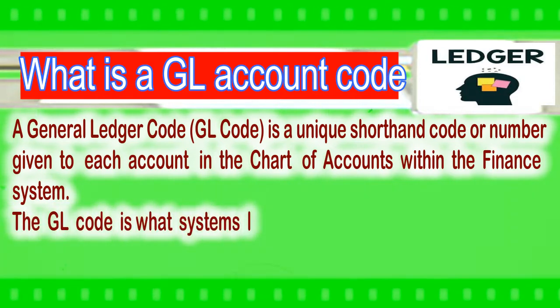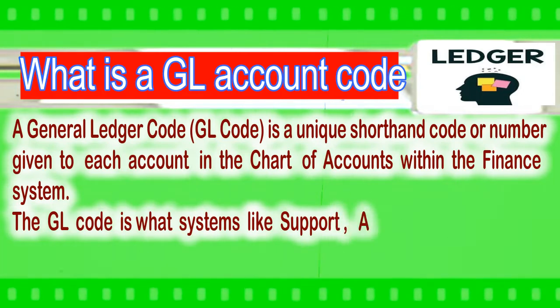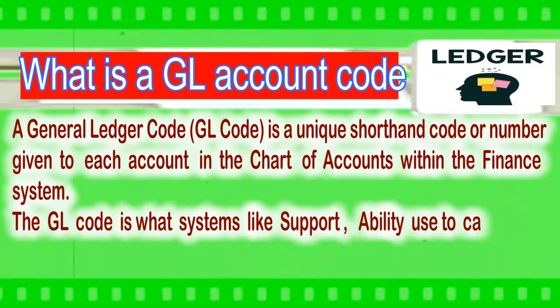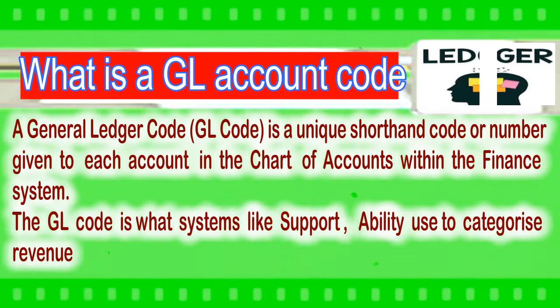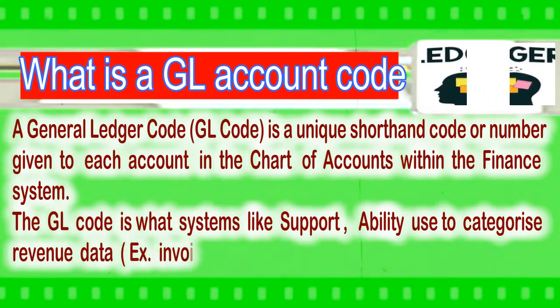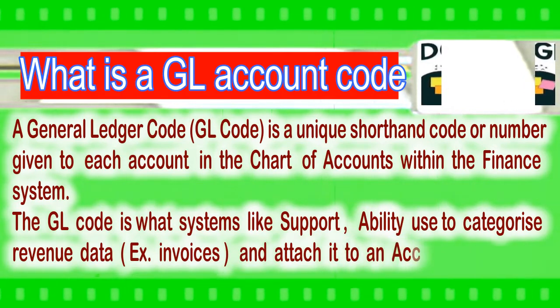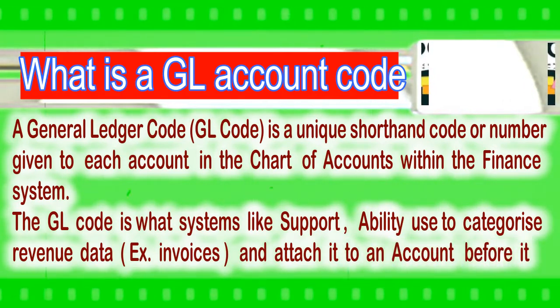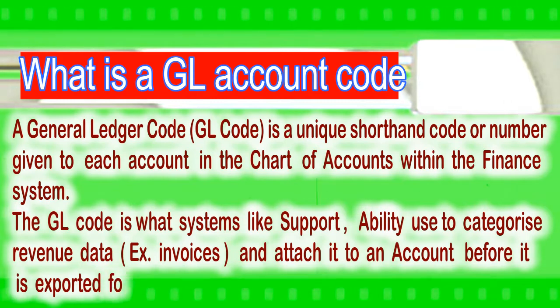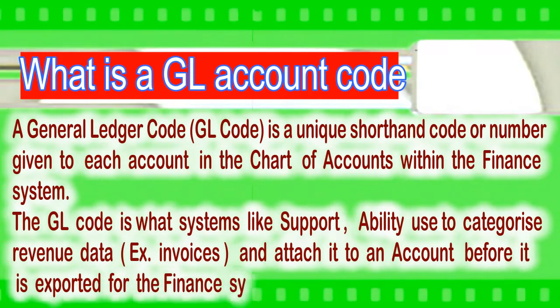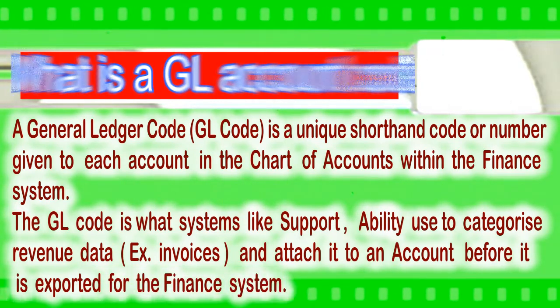The GL code is what systems like Supportability use to categorize revenue data, for example invoices, and attach it to an account before it is exported to the finance system.